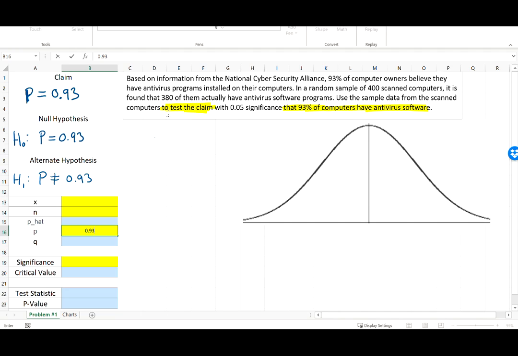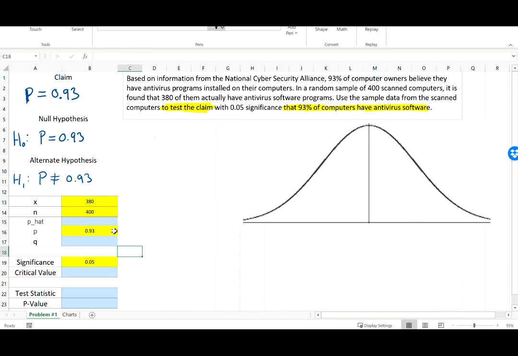And in the sample of 400 scanned computers, that 400 is our sample size. So N is 400. It is found that 380 of them, so that's the number of successes, or X, actually have the antivirus software. And we're testing the claim with 0.05 significance.